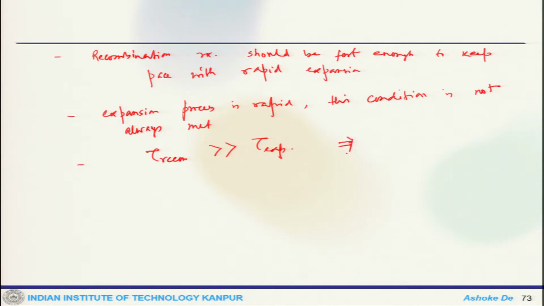This is your exactly frozen flow condition. These things are happening inside the rocket engine. Now, there is a difference between equilibrium and frozen flow for different propellants.